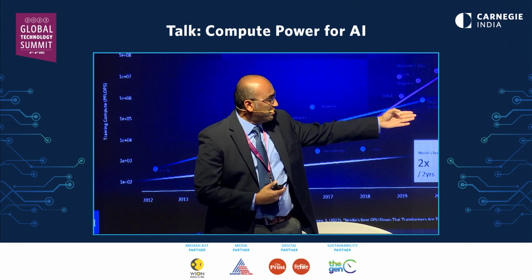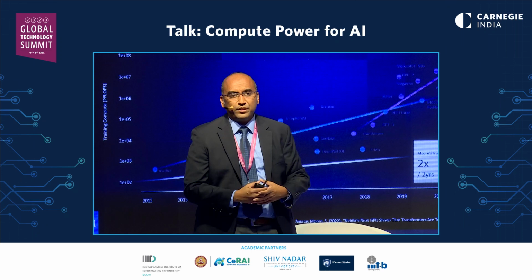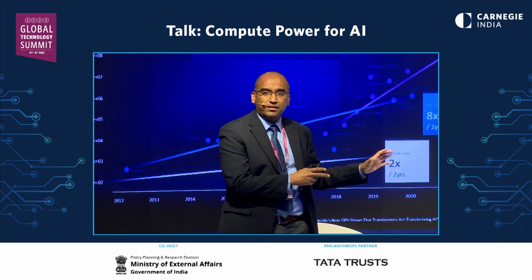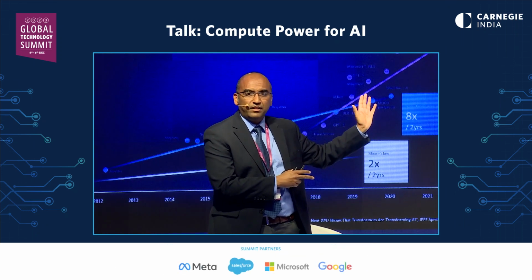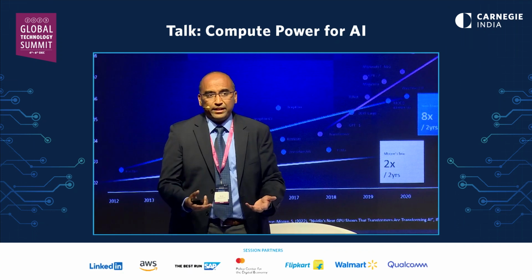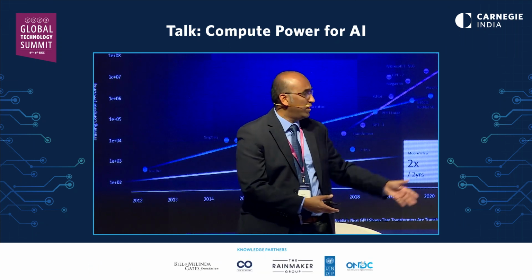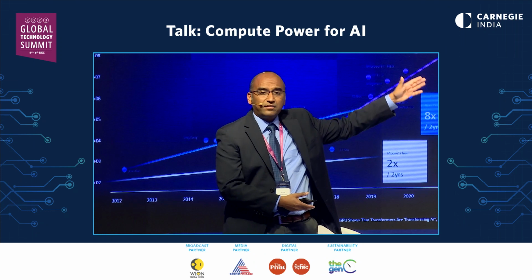And something happened in 2017, which was the introduction of this new piece of technology called transformers that changed the curve completely. It allowed people to build a different class of models that all of us today talk about called large language models. ChatGPT is a type of large language model. You can see that curve goes much, much faster.